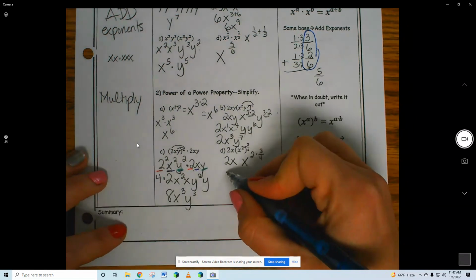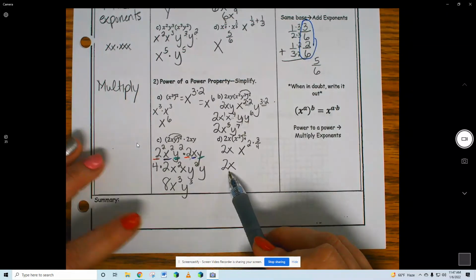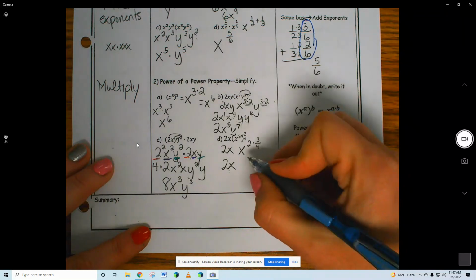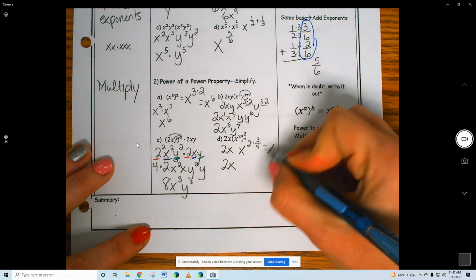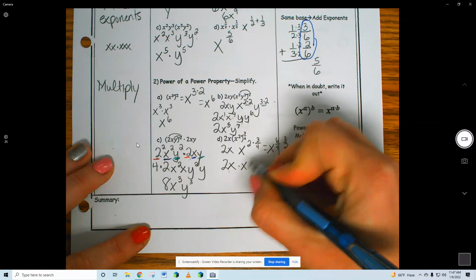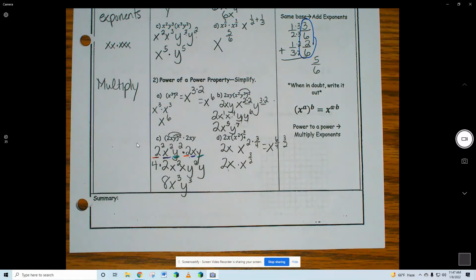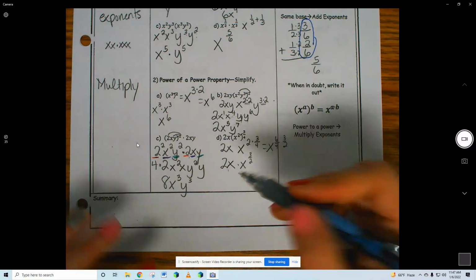So 2x from the beginning, and then x to the 3/2. This is like a 1.